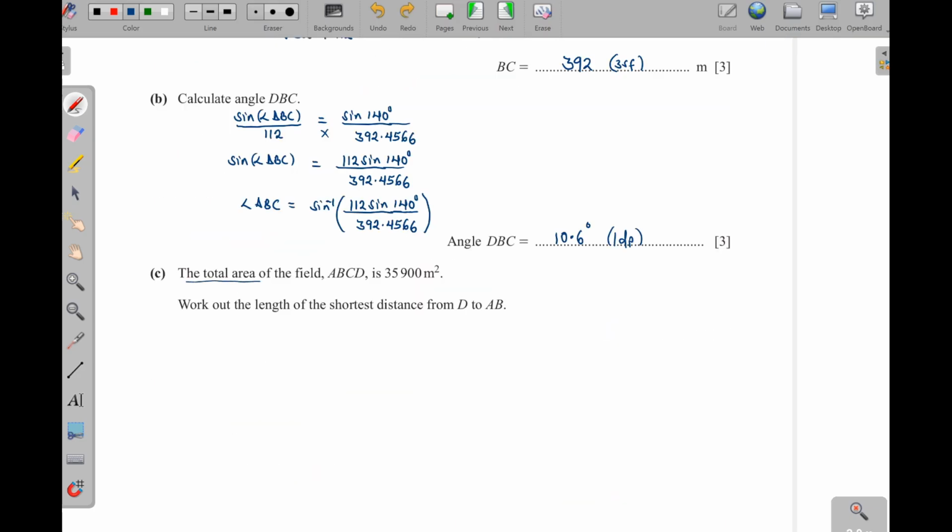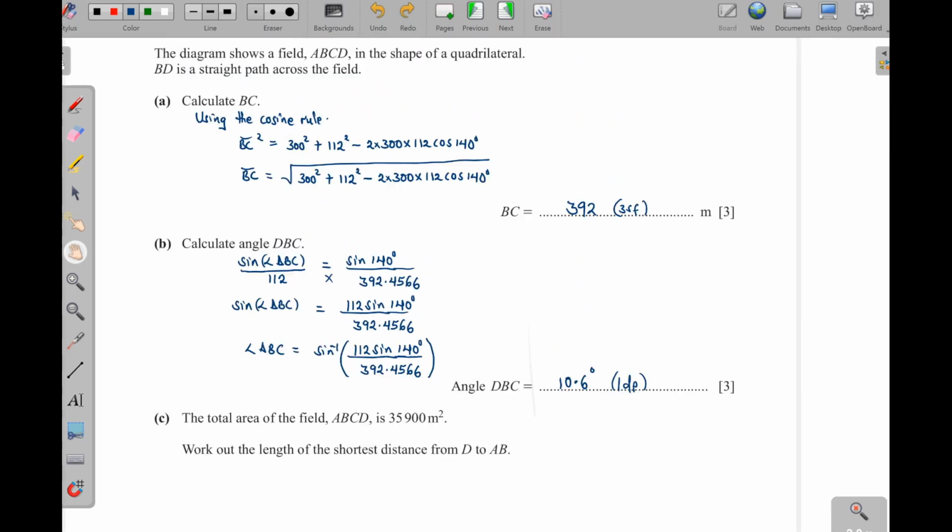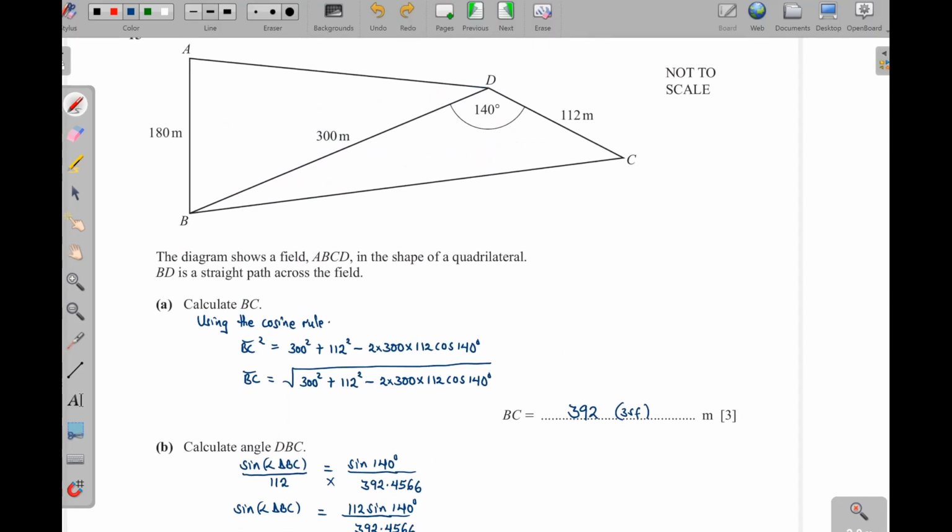But see, the total area of the field ABCD is 35,900 meters squared. Work out the length of the shortest distance from D to AB. Now from D to AB, let's check here. This line here must be perpendicular. Okay, all of these ones that are not perpendicular to AB, they are going to be a little bit longer.